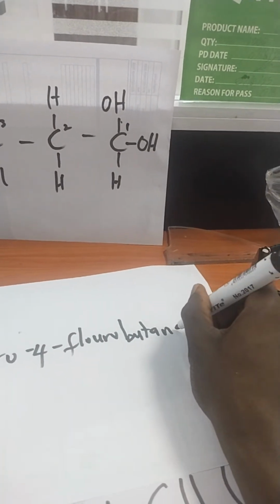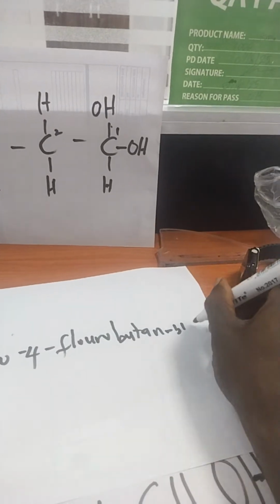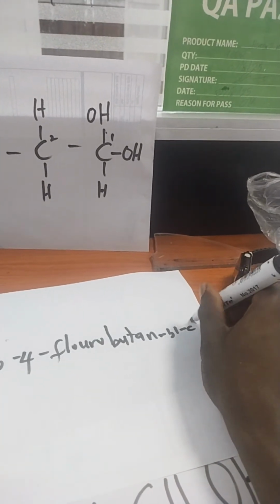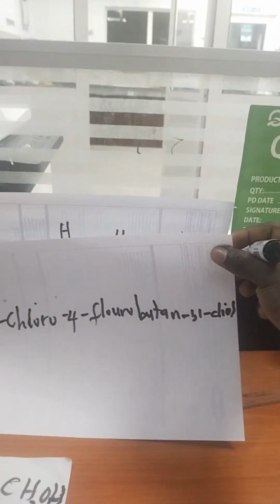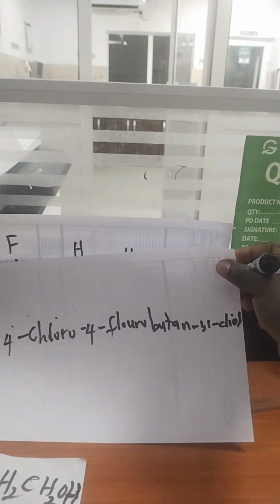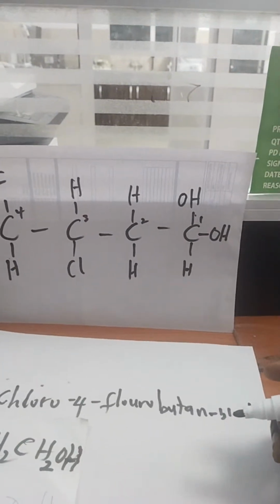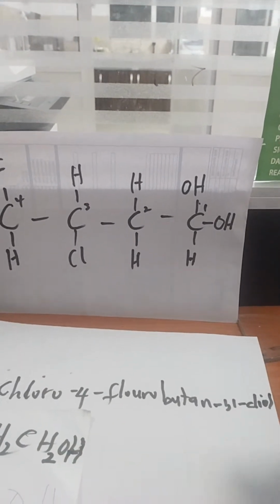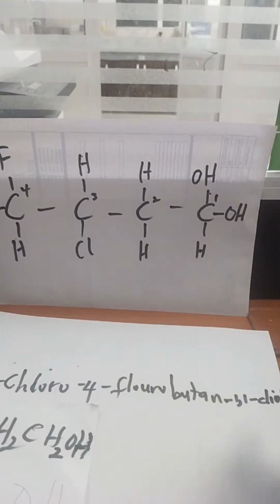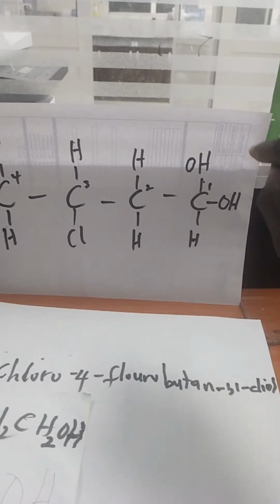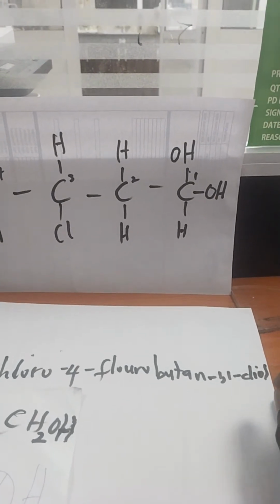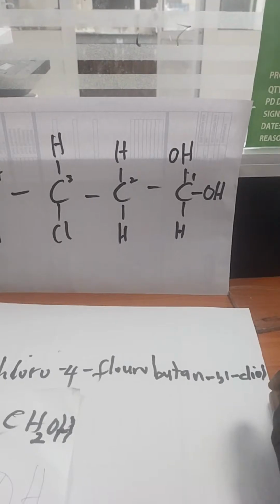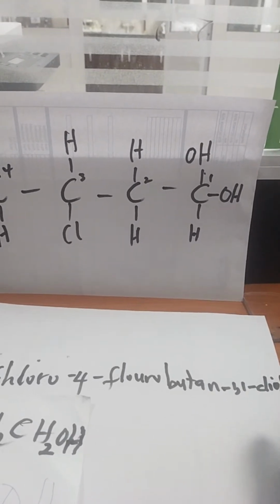It will not be 2-diol. This is how it will be: 1,1-diol. The 1,1 shows that there are two hydroxyl groups that have been attached to the first carbon atom, and the di means there are two of the hydroxyl group attached there. So it follows butane-1,1-diol. That is how it's supposed to be.